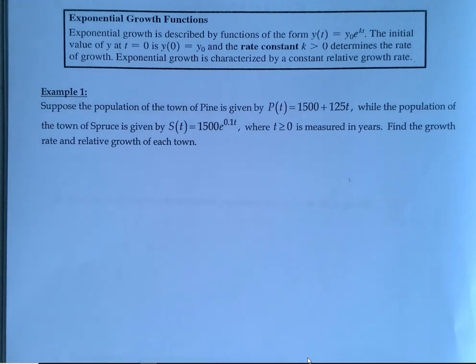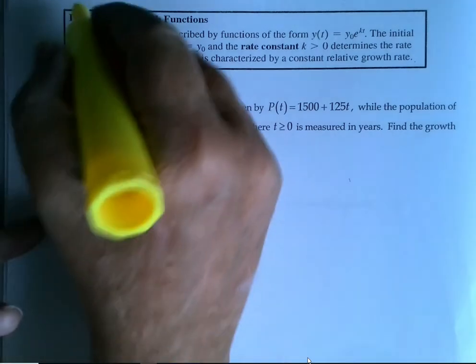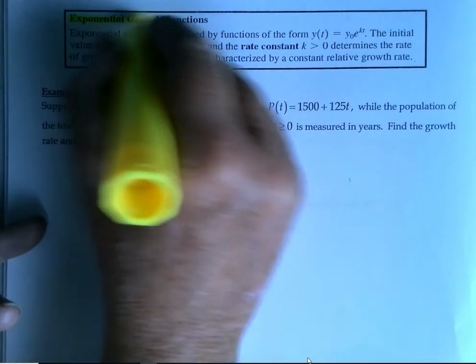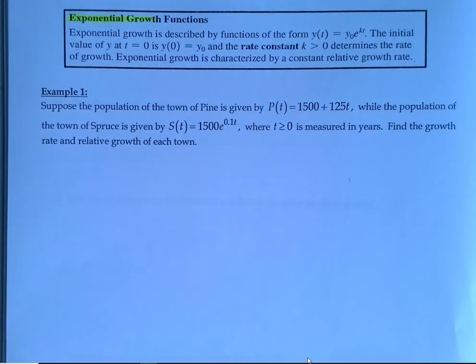We are specifically talking here about growth functions for the moment. Exponential growth, remember, is characterized by that constant relative growth rate. And that's what our rate constant is going to end up telling us.